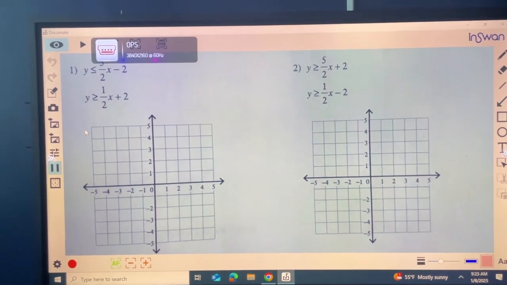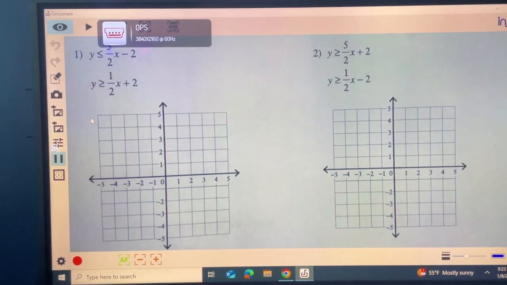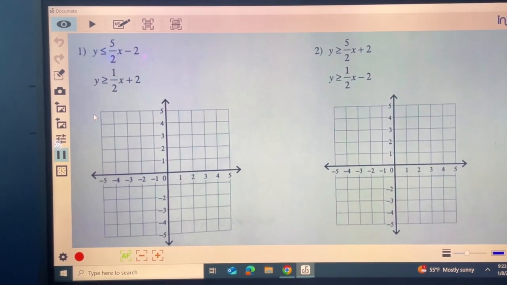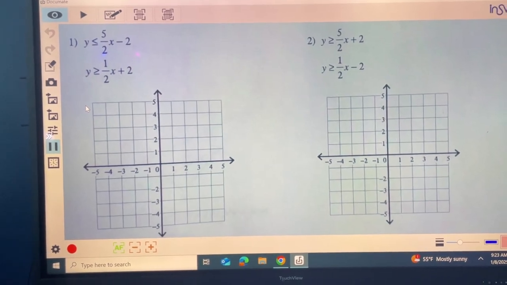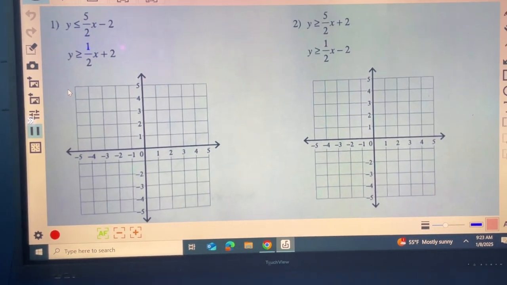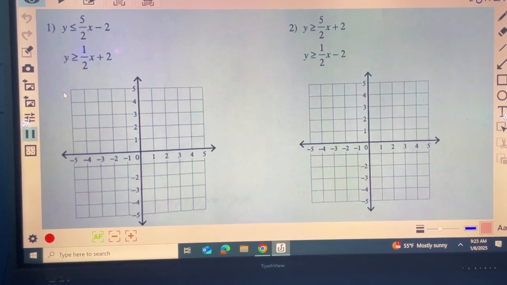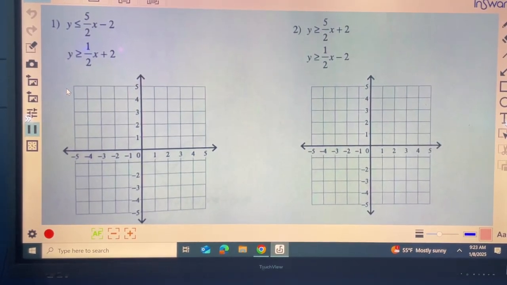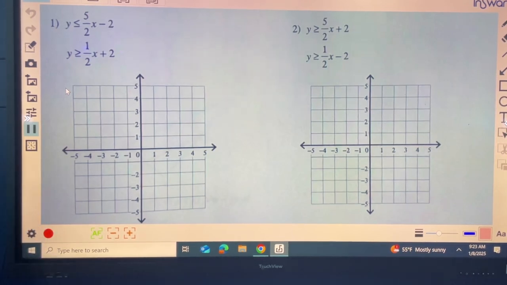Looking at number 1. Can somebody tell me, in number 1, what kind of line? Let's take a look at number 1.